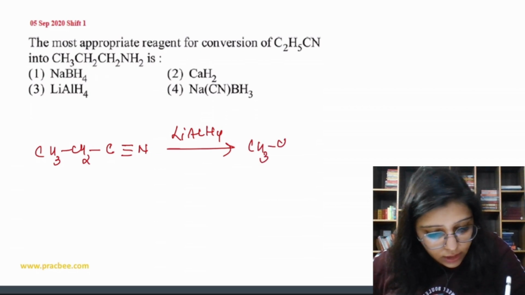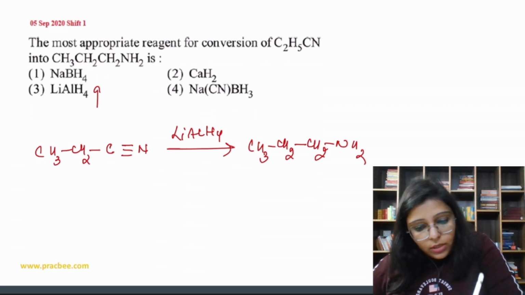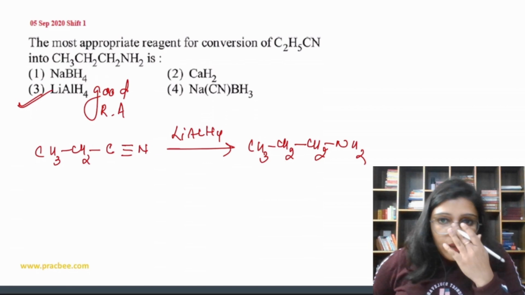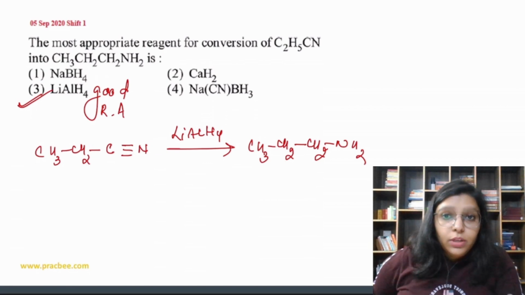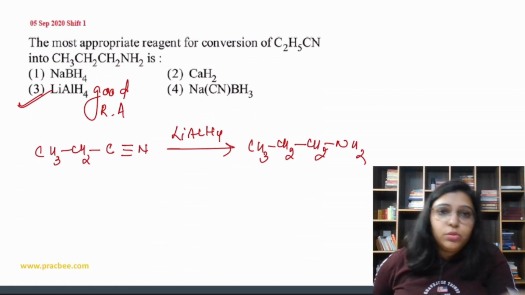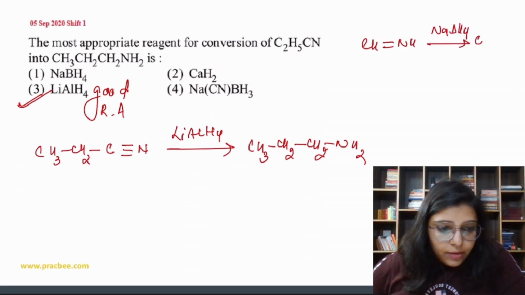So CH3CH2CH2NH2. It is a good reducing agent, so it can reduce CN to CH2NH2. NaBH4 can reduce imines to amines. Imines means if we have CH double bond NH, then in the presence of NaBH4 we can have CH2NH2. Okay? So option 3 is the correct answer.